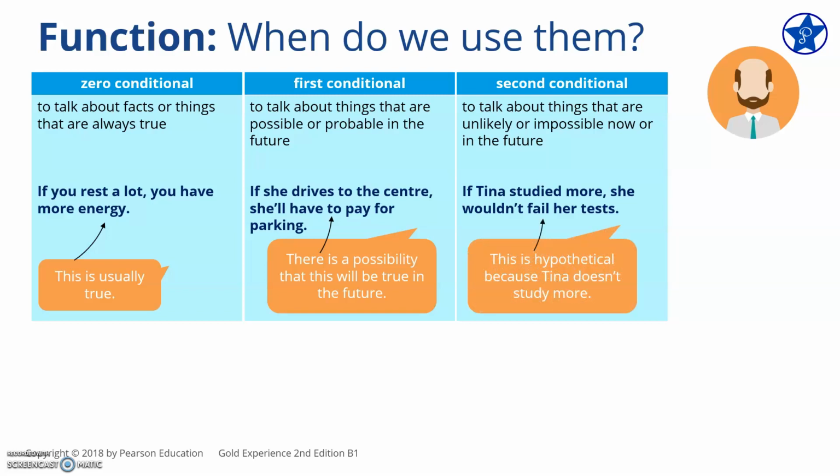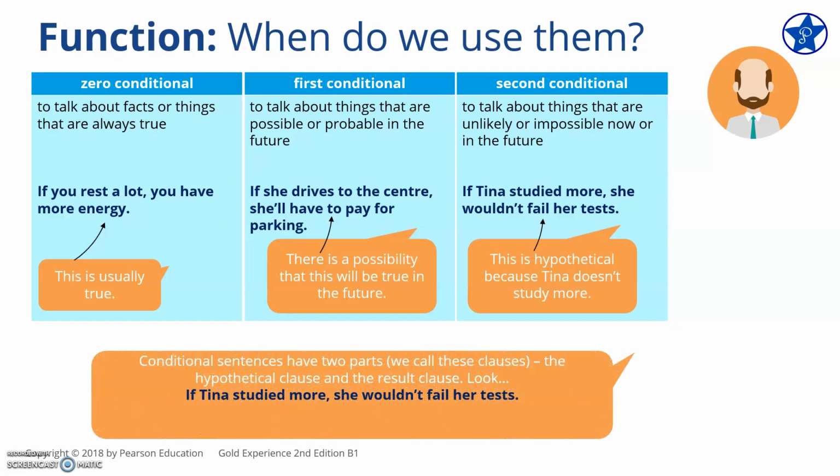And second conditional, it shows us that something is hypothetical. I mean, Tina doesn't study more, okay? If she did, she wouldn't fail her tests. So it's hypothetical about present or future. Conditional sentences have two parts.